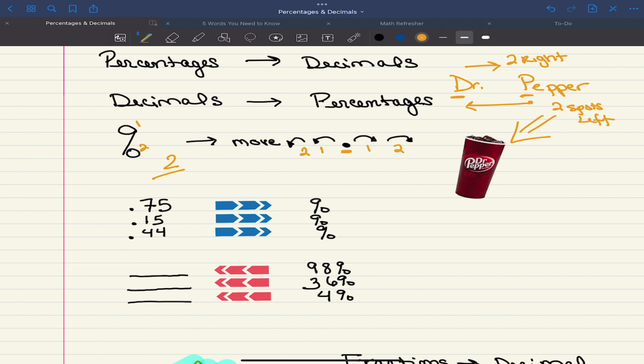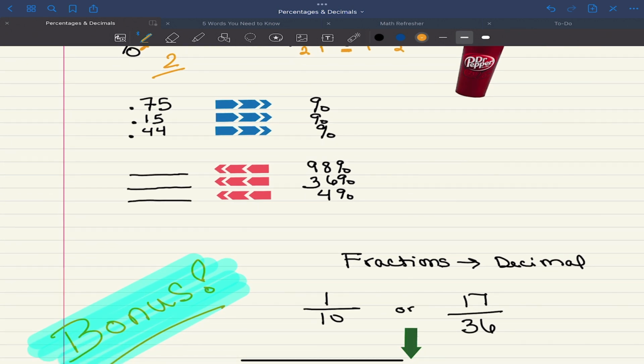Let's do an example of this. If we have 0.75, what we would want to do to turn it into a percentage is move the decimal 2 spaces, 1, 2, giving us 75%. If we have 0.15, we're going to move it again 2 to the right, 1, 2, which is going to give us 15%.